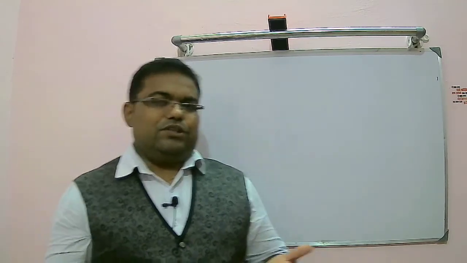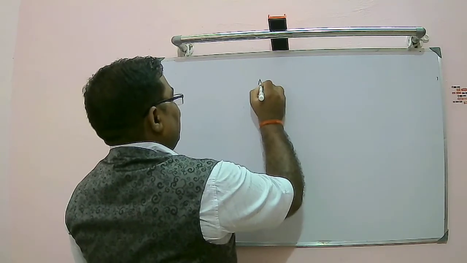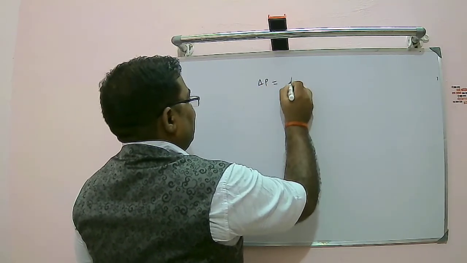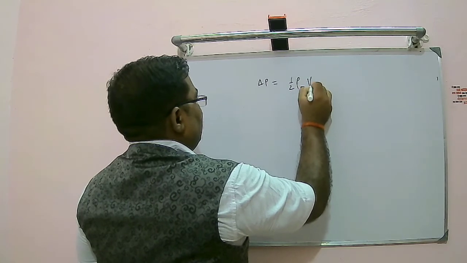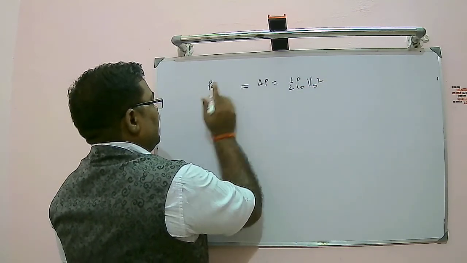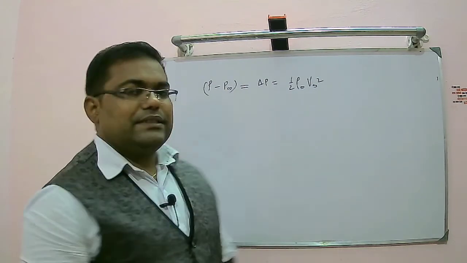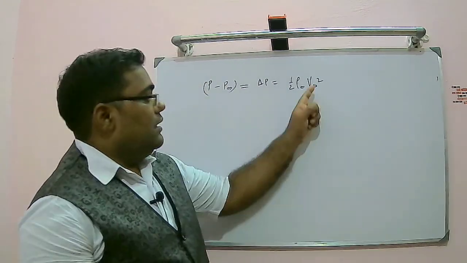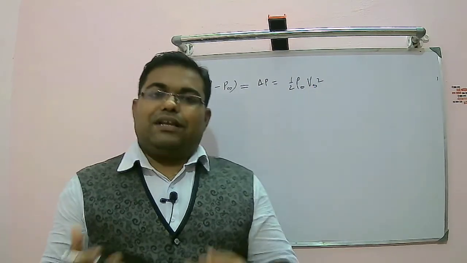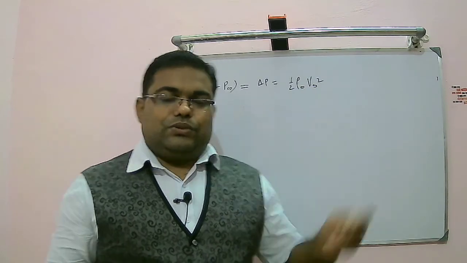So as per Bernoulli's principle, we know the dynamic pressure is given as, we used to say delta P, any pressure difference is given as half rho infinity V infinity square, and this pressure difference is nothing but P, the pressure on the surface, minus P at free stream. So P infinity is basically our free stream pressure, V infinity is the free stream velocity, and rho infinity is the free stream air density. So this is the dynamic pressure.